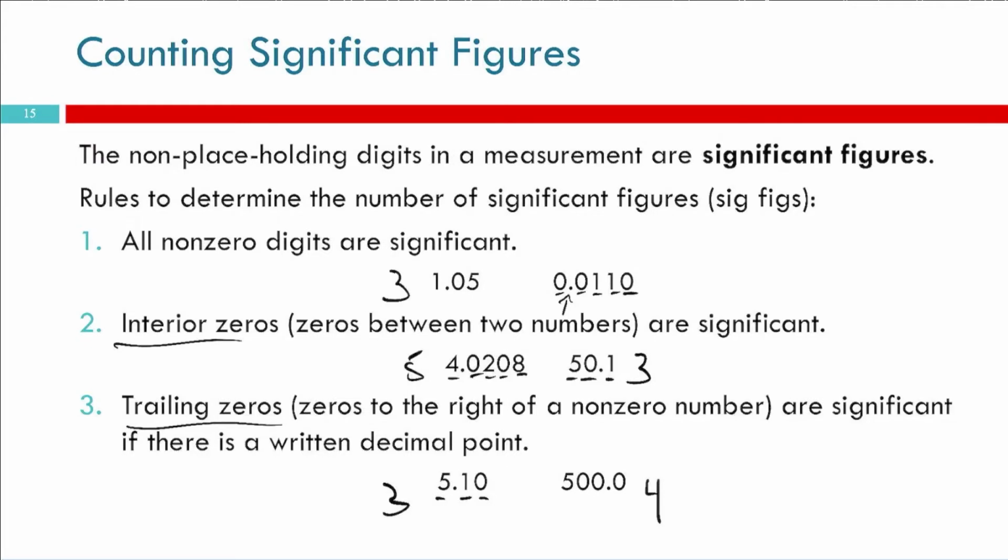What do you mean by assumed? Like the 0, that's not just assumed to be a 0? Yeah, so the last digit is the one that is estimated.